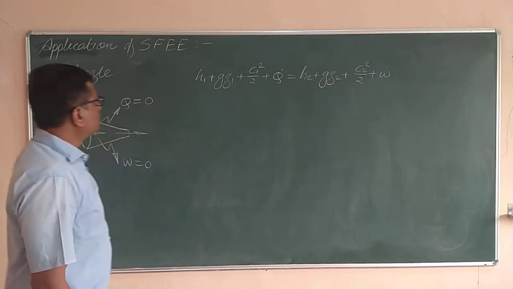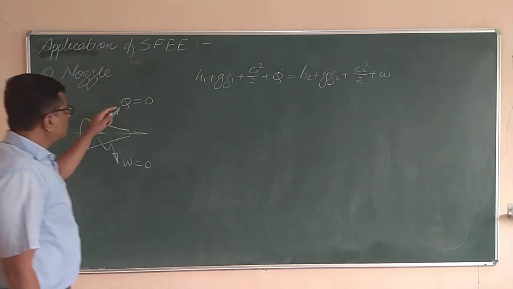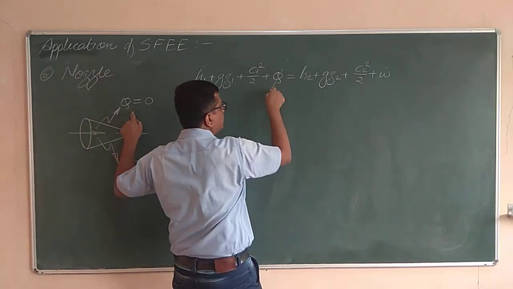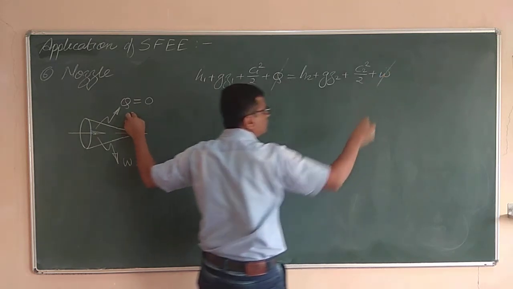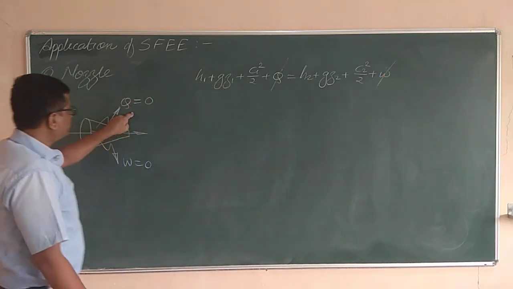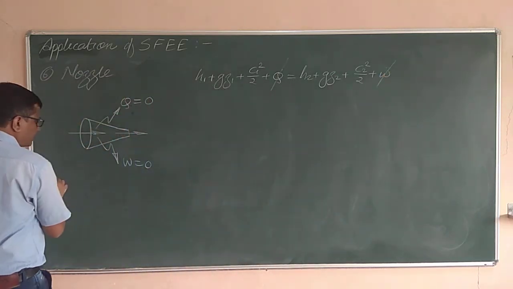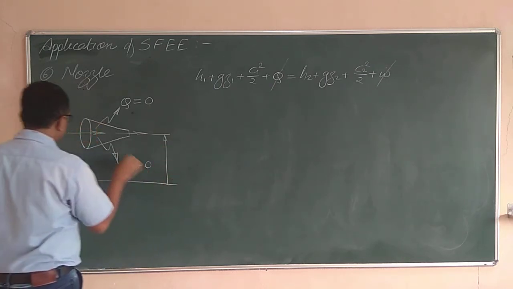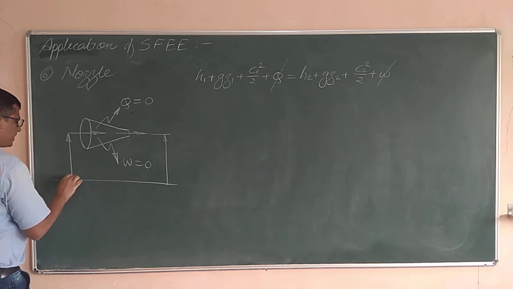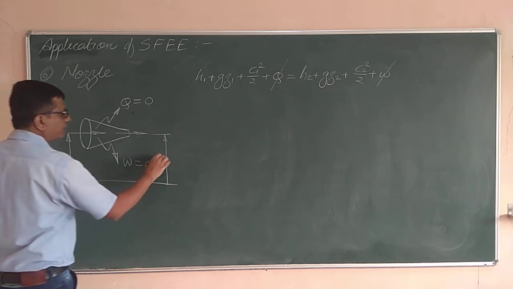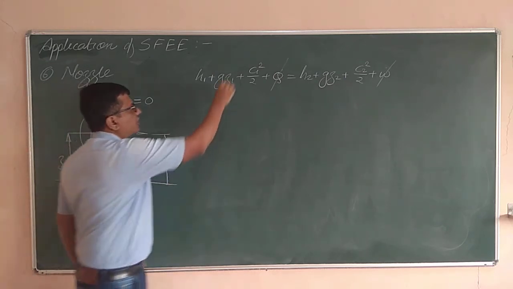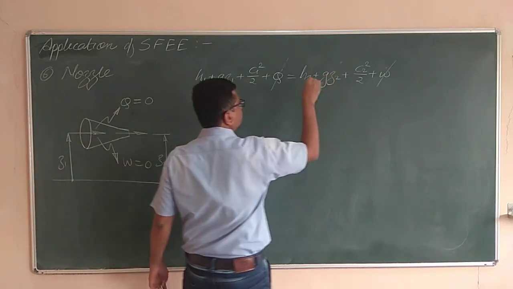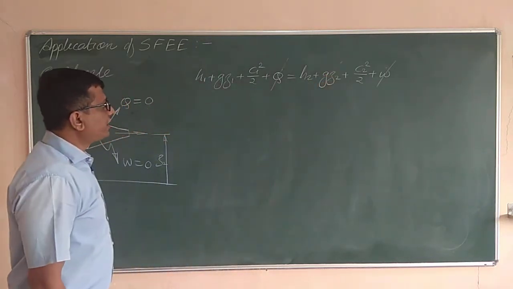So out of that, Q dot is 0, heat transfer is 0, work transfer is 0. Both the terms are cancelled. Next, the nozzle is very small in size and length also, so the difference in the potential head across its inlet and outlet, Z1 and Z2, is almost the same, so they can be cancelled. So what is remaining now?